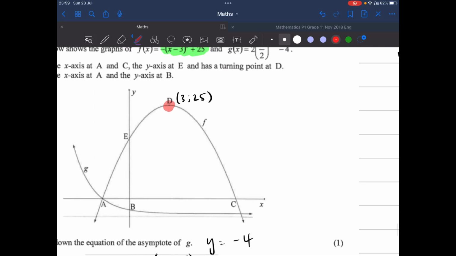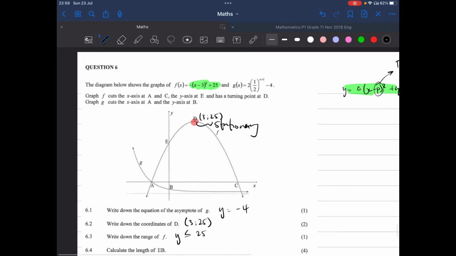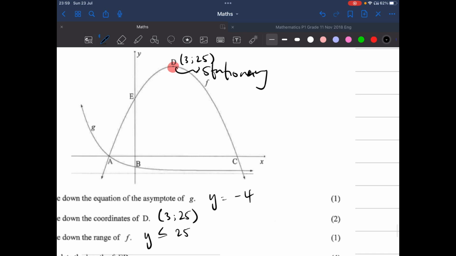At our turning point, our graph is always stationary. And with this downwards facing parabola, everything up until that point, the graph is increasing, and everything after that point, the graph is decreasing. So this is the decreasing part.